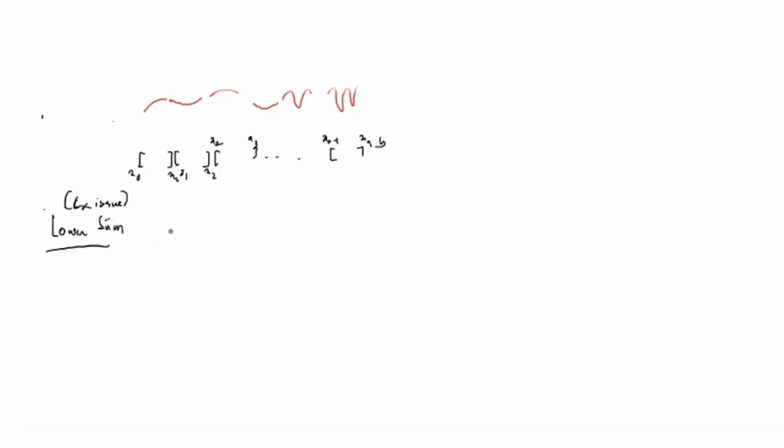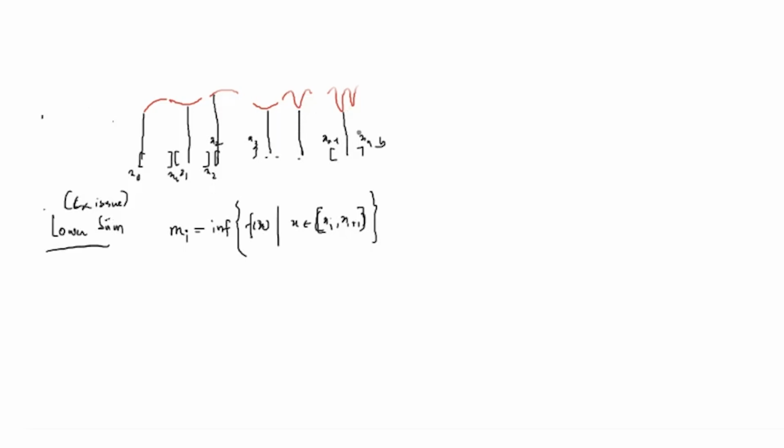Let's take the infimum of that. Let's define small mi as the infimum of all the possible heights, so that x belongs to xi to xi plus 1. All the possible mi, the minimum height. So here it was this, here it was this, here it was this, all the minimum mi's.